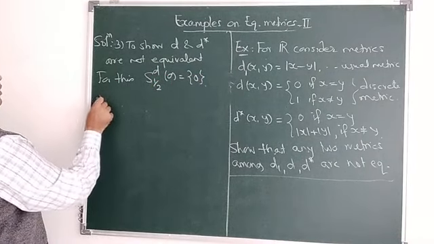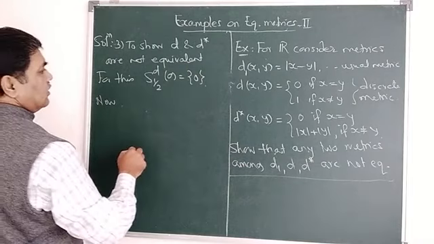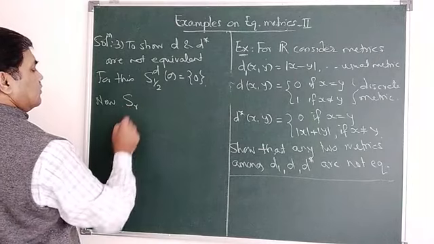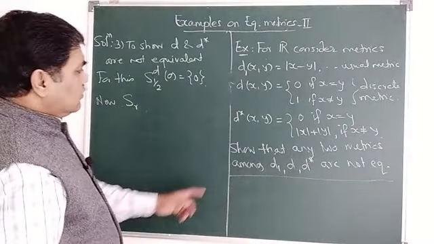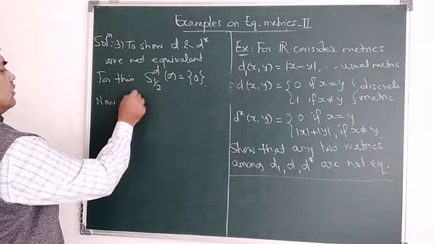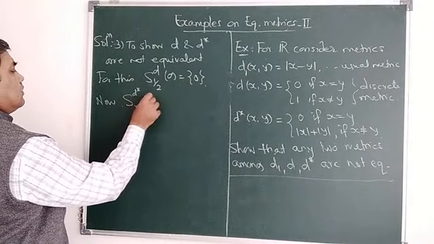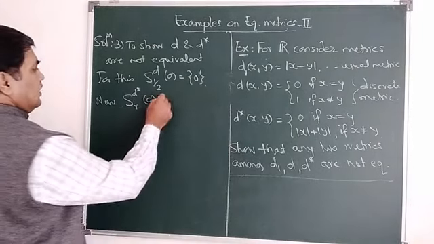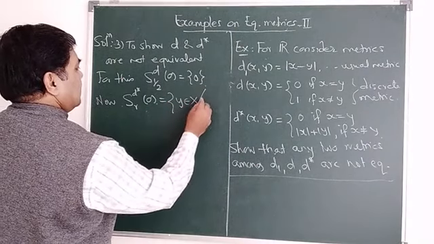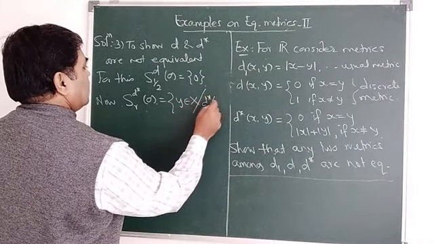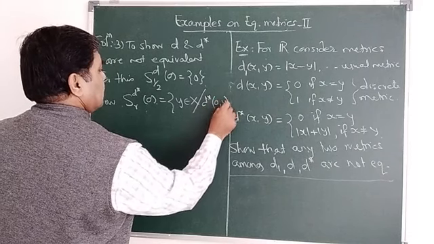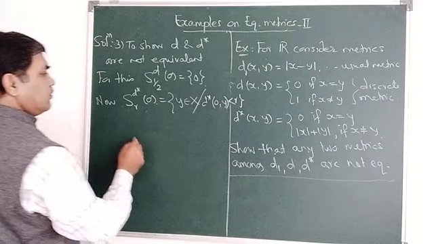Now, S r star D star 0 is the set of y belongs to x such that D star of y x or 0 y is less than r.